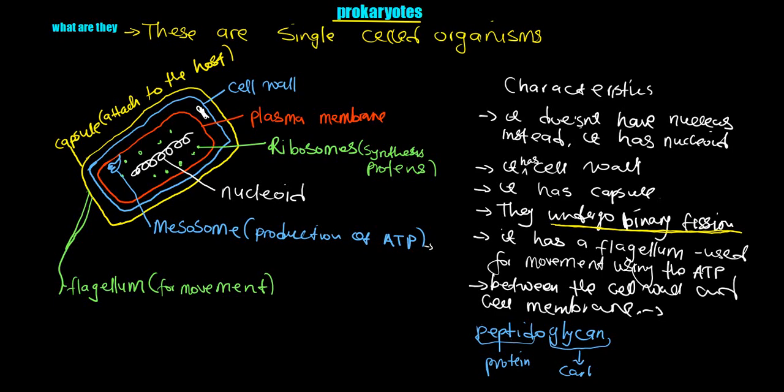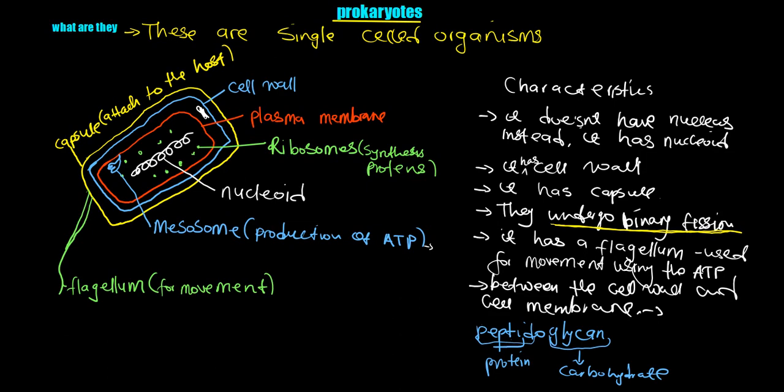So it is made up of proteins and carbohydrates. Peptide simply means protein, and glycan simply means carbohydrates. It is only found in bacteria and not in archaea.